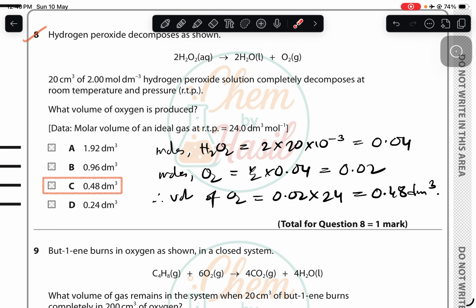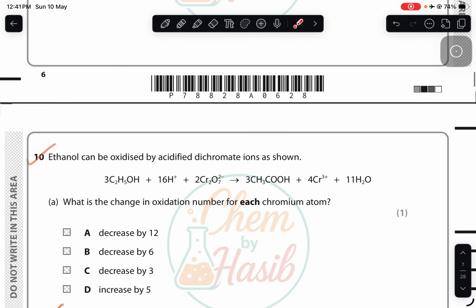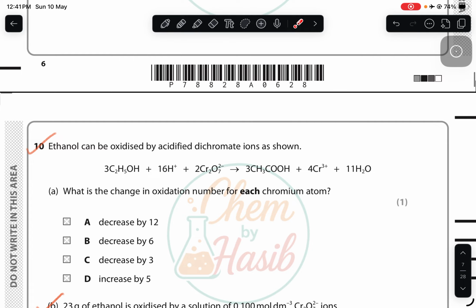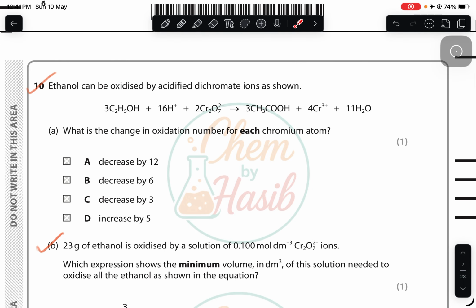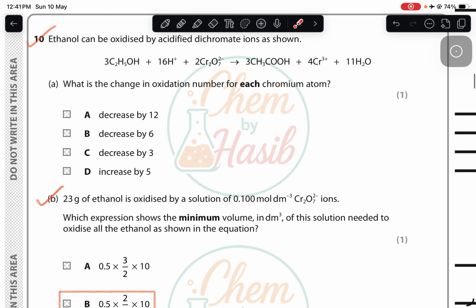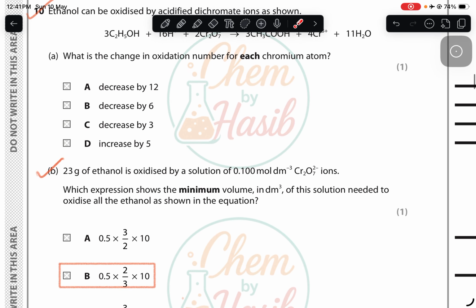Then we move on to question number 10. Question number 10 says 23 grams of ethanol is oxidized by a solution of 0.1 mol per dm cube dichromate. Which expression shows the minimum volume of this solution needed to oxidize all the ethanol as shown in the equation?